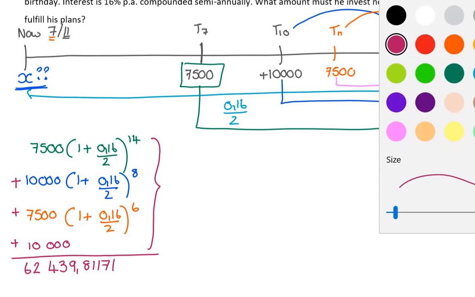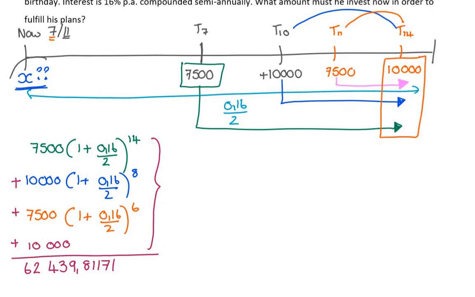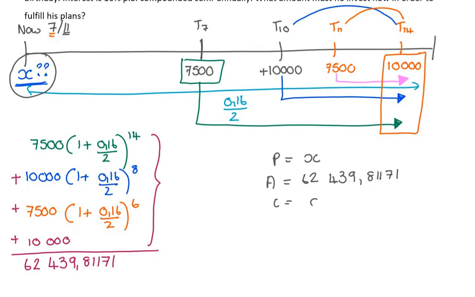Now, how does this relate to X? Well, he's making an investment. So his investment, his principal amount is X. I need his final amount to be equivalent to 62,439 Rand, 81171. If my interest is 16% compounded semi-annually, how many times would he have gained interest?